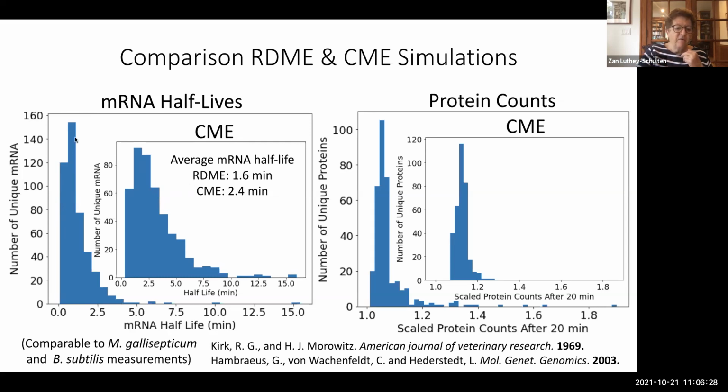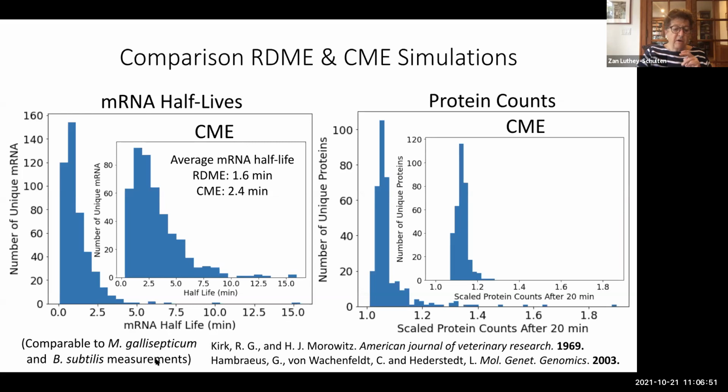So these half-lives go from about a minute out here to almost 15 minutes. And again, the half-lives have not been measured. The transcriptomics has not been measured for SYN3A. That's being done, but it's a very slow process.